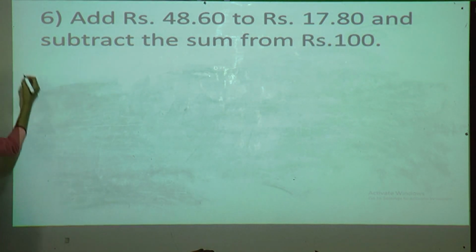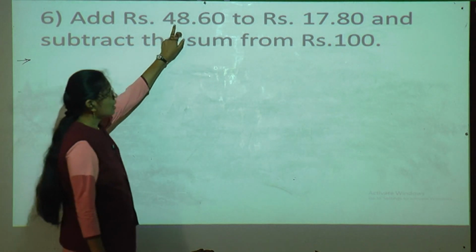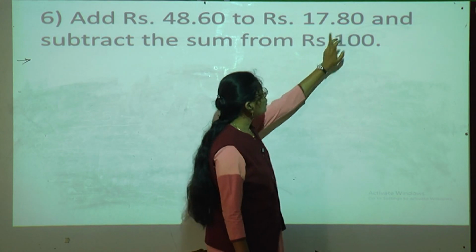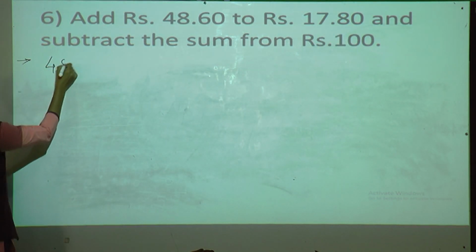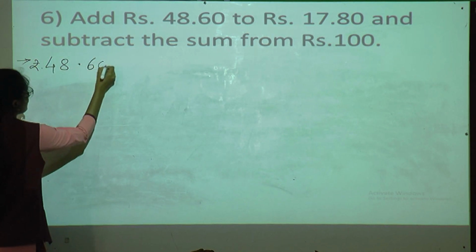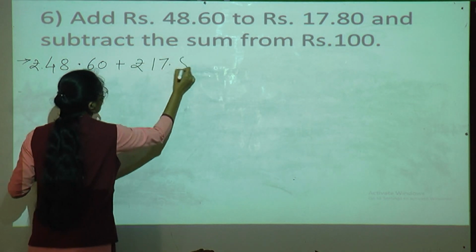Means first we have to add these two amounts, that is, 48.60 to rupees 17.80. So here we'll write 48.60 plus rupees 17.80.